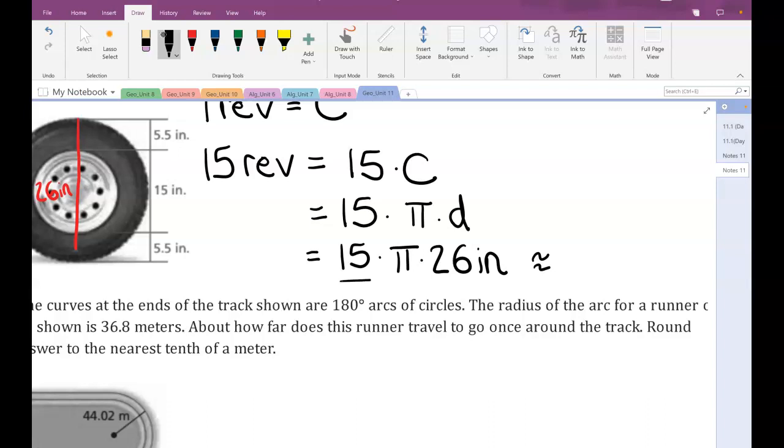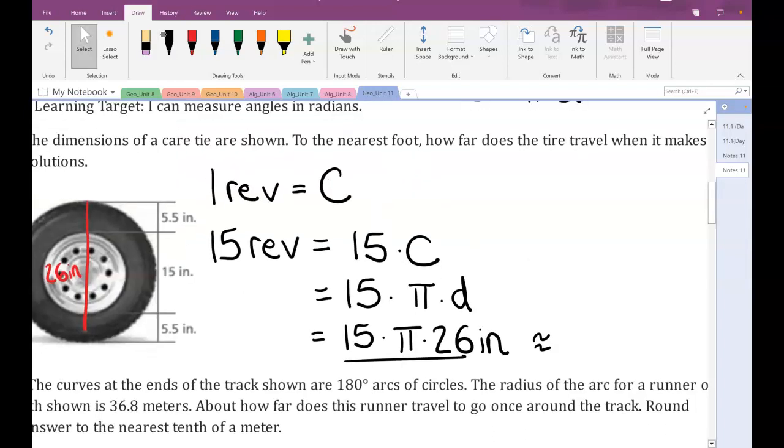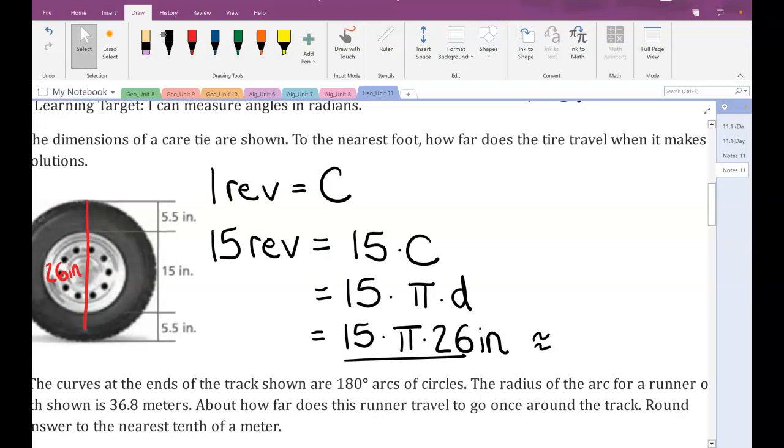On your calculator, you could type it in exactly like this, or you could use 3.14 instead of pi to get your answer. It's asking us to round to the nearest foot. We're in inches right now. So in inches, it's 1,225 inches. But we want that to be in feet.